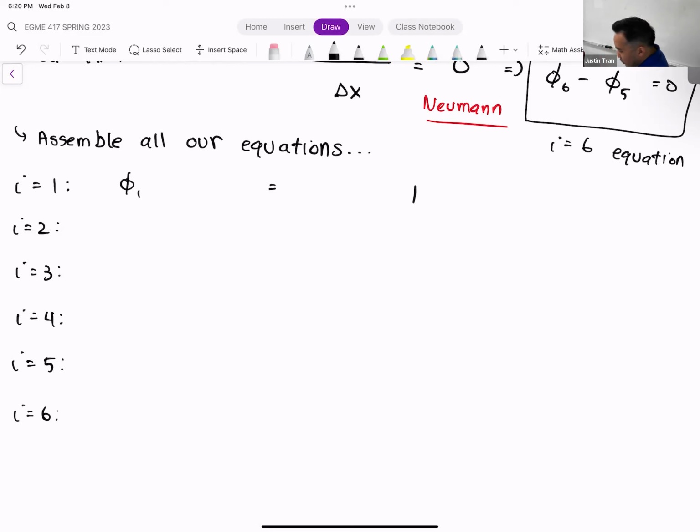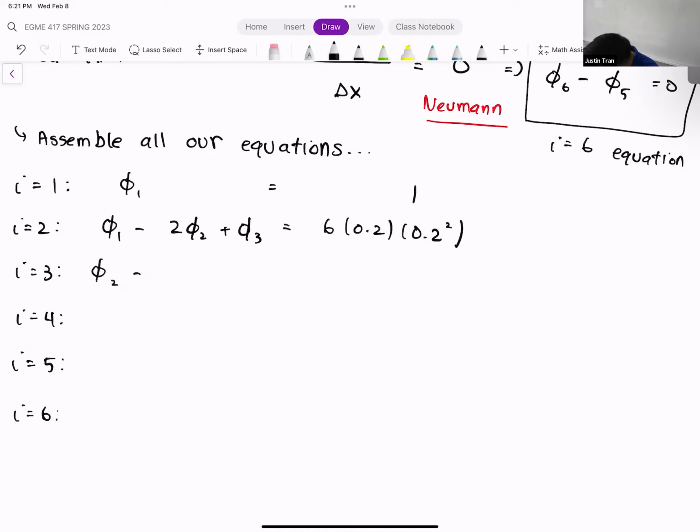Our equations for i is equal to 2, 3, 4, and 5 came from our finite difference approximation of our governing differential equation. So let's go ahead and write these down again. I'm just going to write these down fairly quickly, and I'll give you time later to catch up, but just for the sake of time, I want to make sure that we have enough time to do the math.